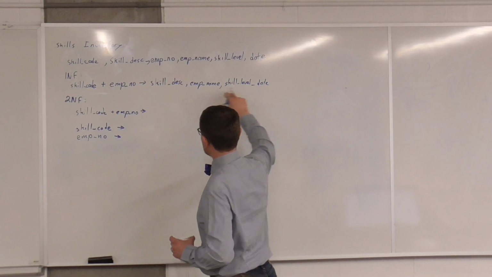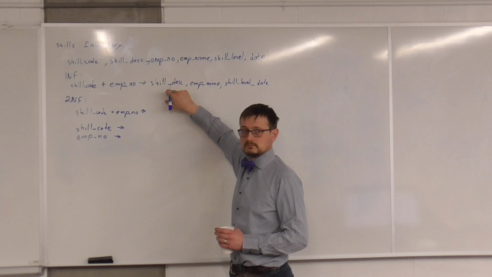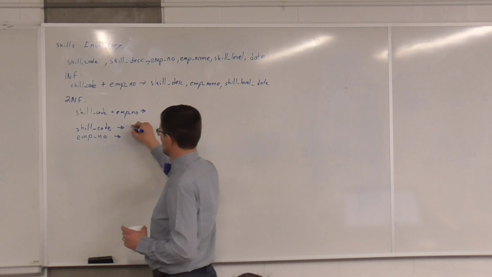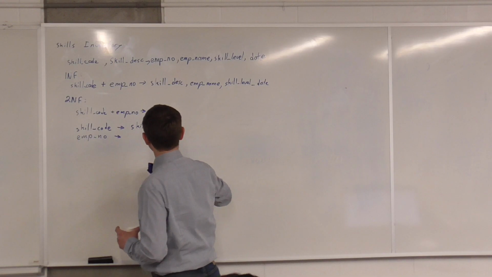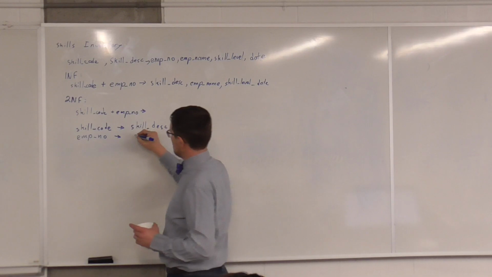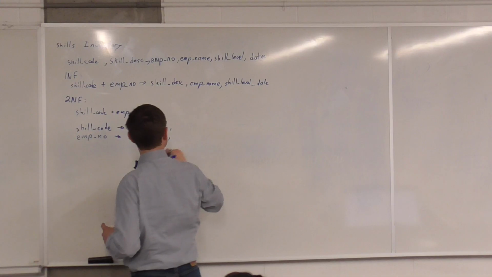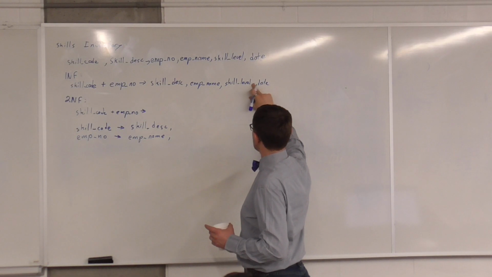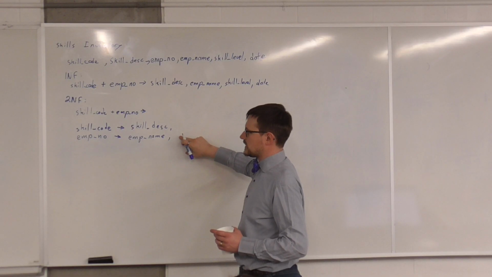Let's go through them in sequence. Skill description. What is this dependent on? Skill code. Very good. You guys seem to be getting the hang of this. Employee name. Employee number. Good. Skill level. That should be skill code plus employee number.